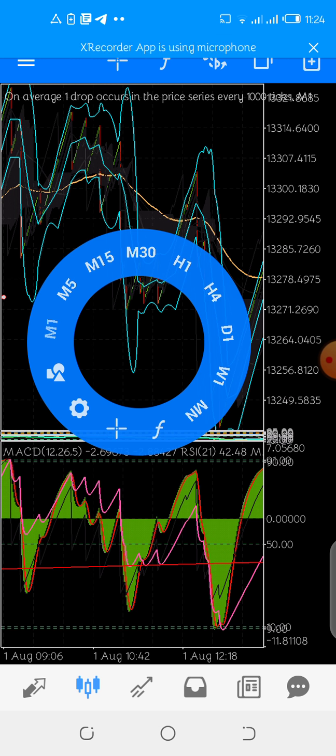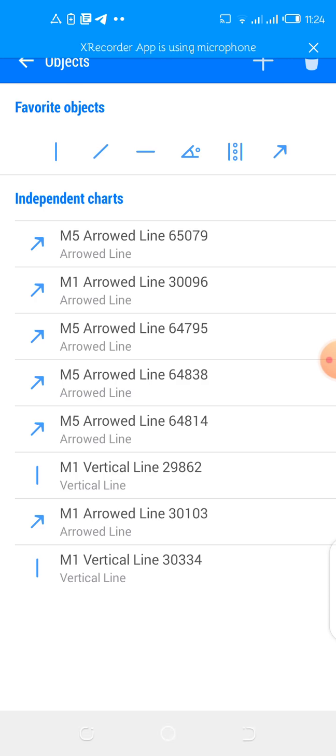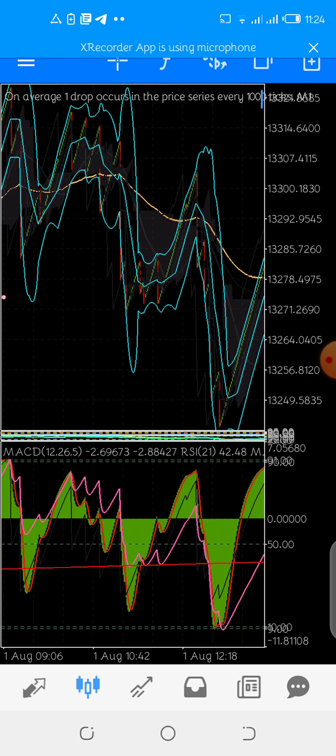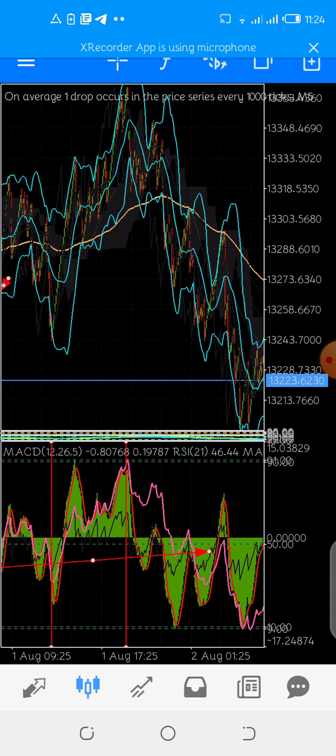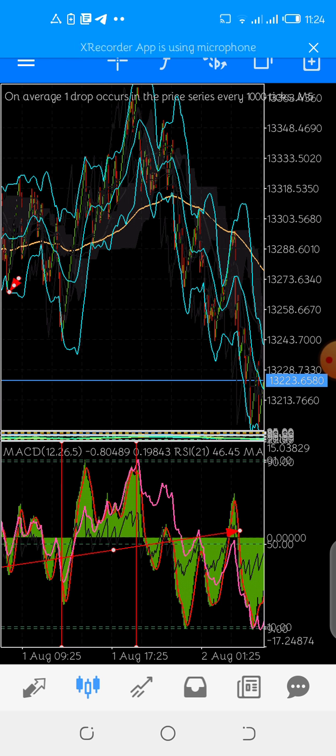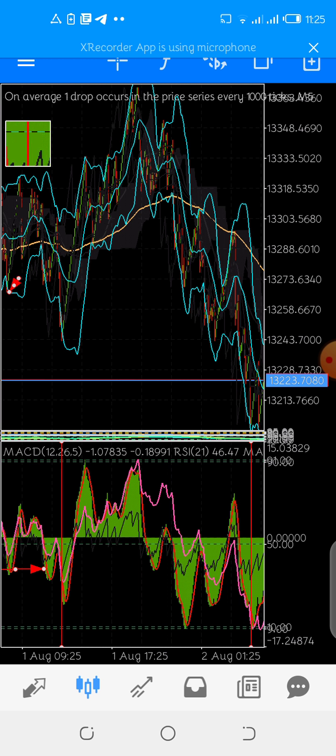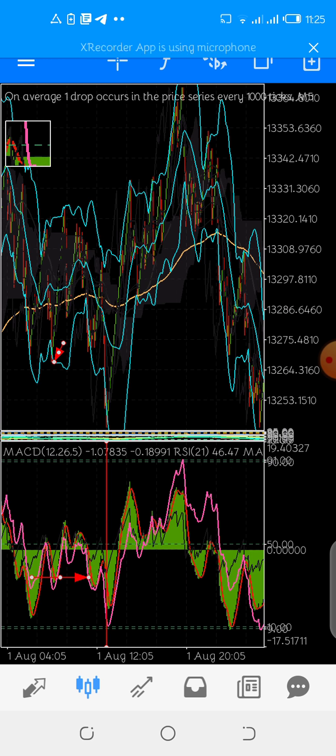Let's put a line. Here, that is a wonderful buy signal. Let's go to M5. So forget this, forget also this. So this is the line that we are talking about now.